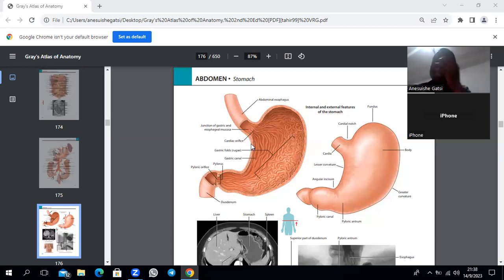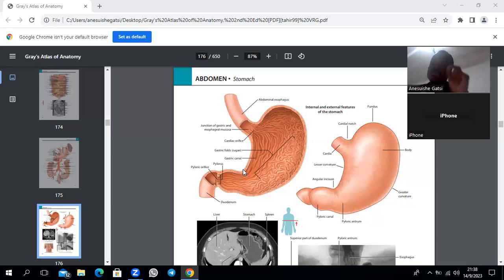So before I talk about that, what is an omentum? Omenta are double layered folds of peritoneum that connect the stomach to other visceral organs. On the lesser curvature, I have something called the lesser omentum.